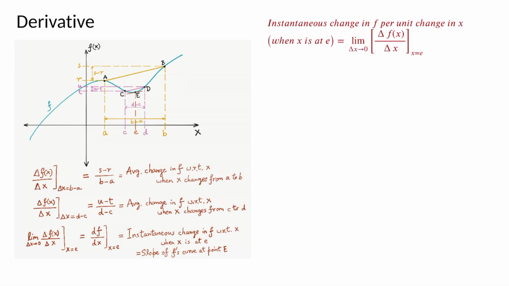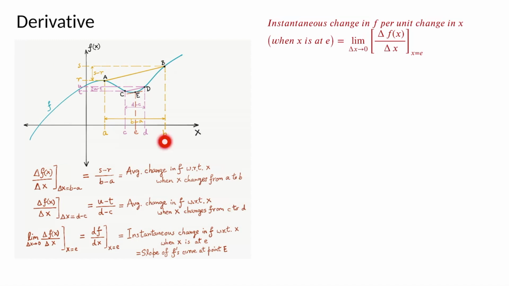One way to do that, and that's how we'll understand this definition, is to take two distinct points, let's say a and b, on either side of e, and let's assume that they are equidistant from e, and let's try to find the slope of this secant that we have drawn here, right? This secant connects the points A and B, and A is the point on the curve. It represents the value that the function takes at x equal to small a, and capital B represents the point on the curve, and that is the value that the function takes, this value s here, when x equals b.